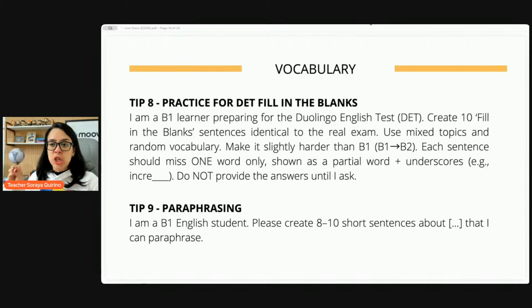And in proficiency exams, paraphrasing is really important. For example, if you are doing IELTS and the examiner asks you, do you like sport? And you answer, yes, I like sport very much. You won't get the same grade as someone who says, definitely, I'm really into sports, especially soccer.